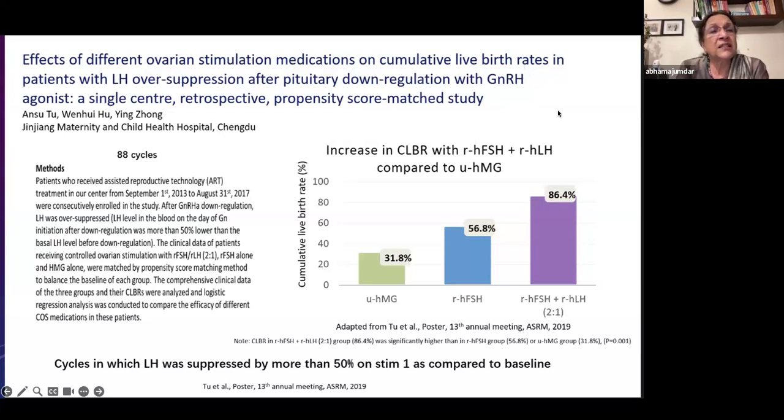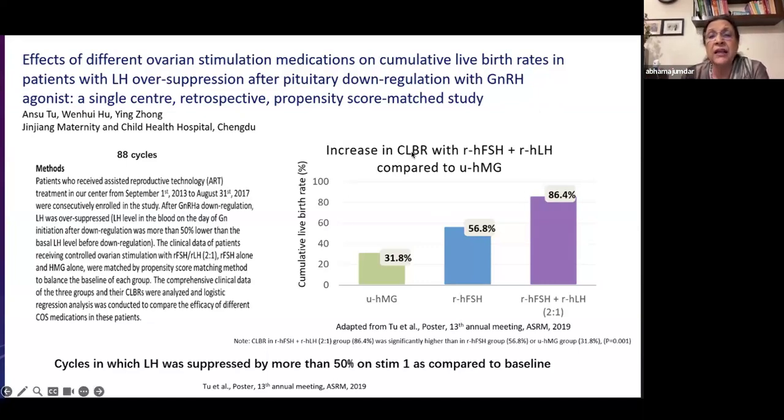Now, what is the effect of different ovarian stimulation medications on cumulative live birth in patients with LH oversuppression after pituitary downregulation with GnRH agonist? This is a single center retrospective study, and it is a propensity score matched study, which was presented as a poster in ASRM 2019. Later on, it was published as a paper.